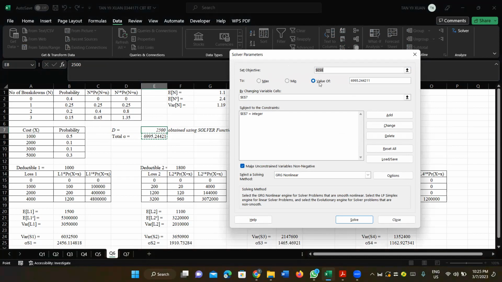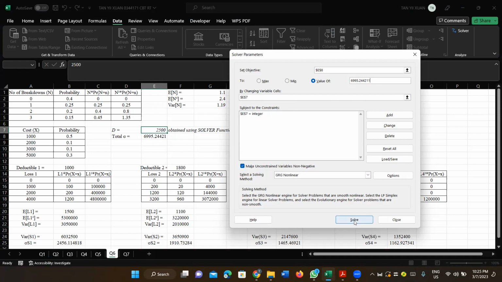Then we set the value of the cell to 6995.244211, which is given in the question. Then we set the changing variable cell as the D cell. Then we add a constraint that this cell must be an integer, which is easier for our calculation.